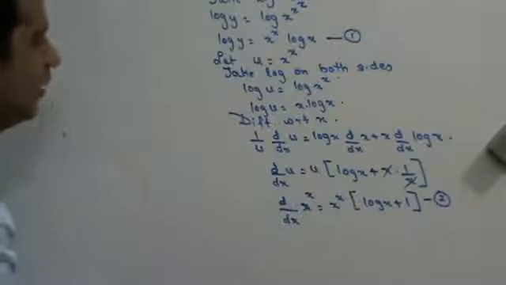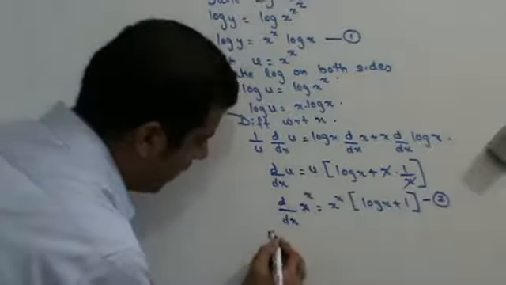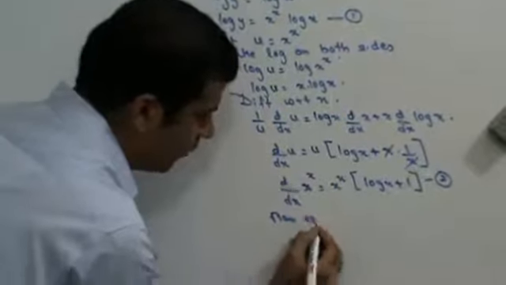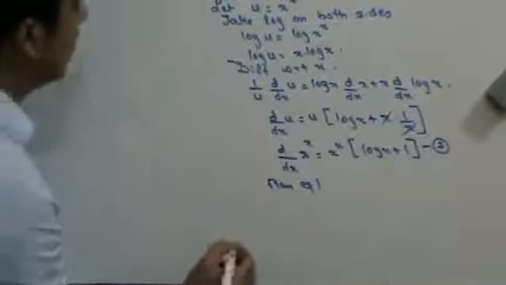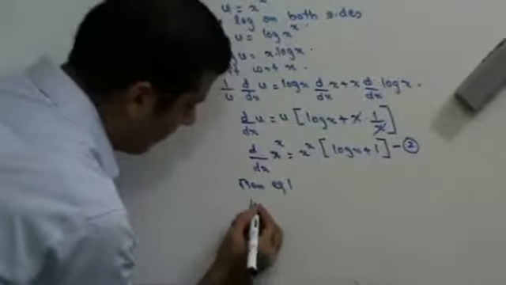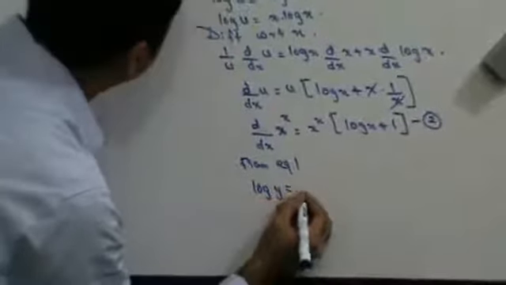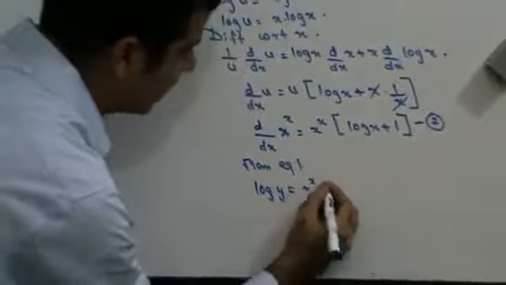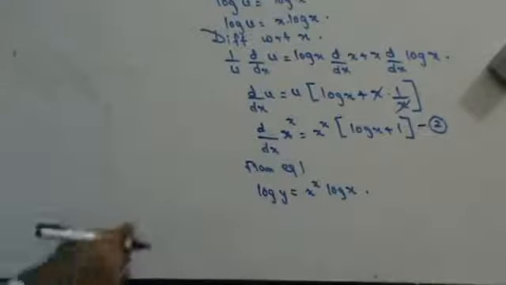Now let's start with equation 1. From equation 1 I could say that log y is x raised to x log x. We'll continue this sum on the right hand side.